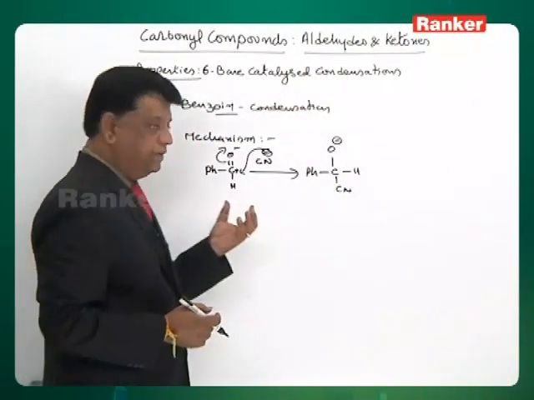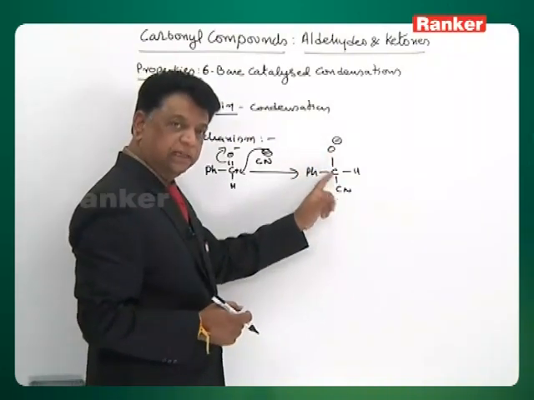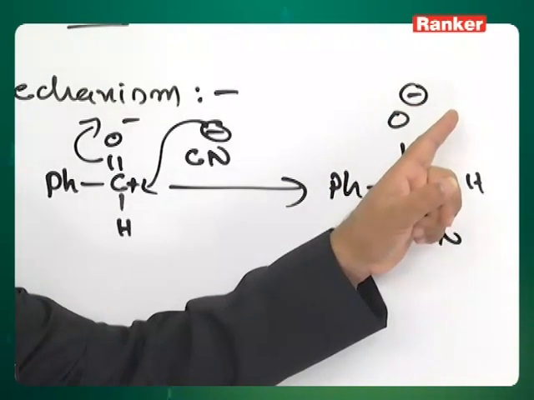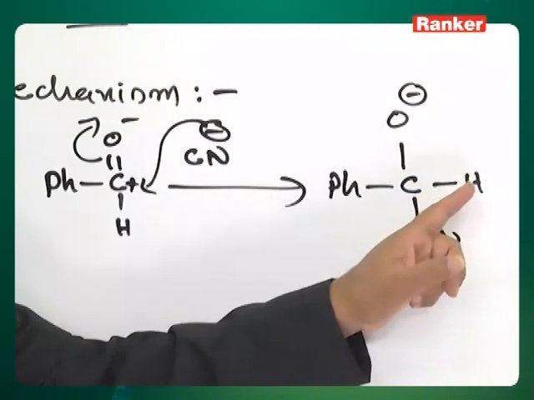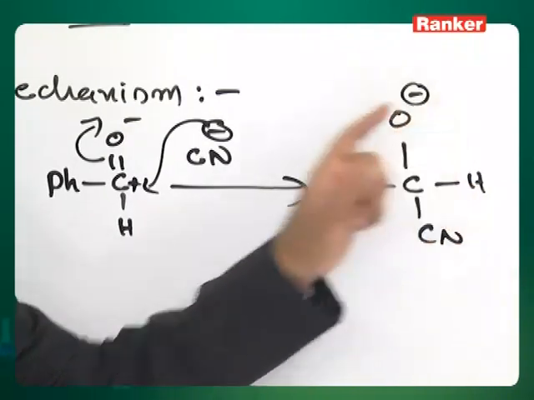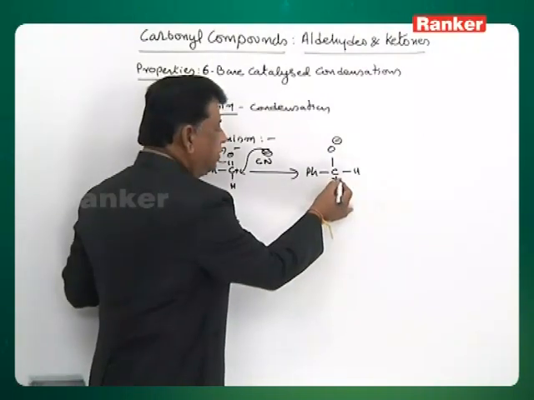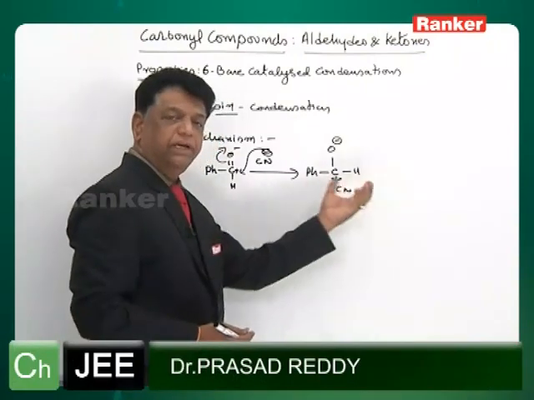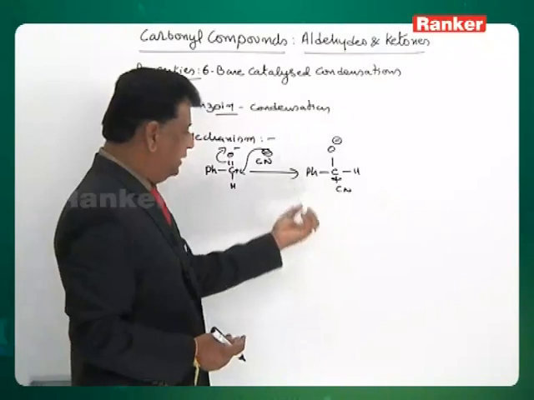Now, here let us have a small logic. Imagine that both these carbons are there, and this has one hydrogen, this carbon also has one hydrogen. Just imagine for a minute, there are two carbons, first carbon has one hydrogen, second carbon also has one hydrogen. The cyanide is pulling because of the electronegativity of the nitrogen, the triple bond opens many times. So, therefore, it is a very good strong electron withdrawing group, minus I group.